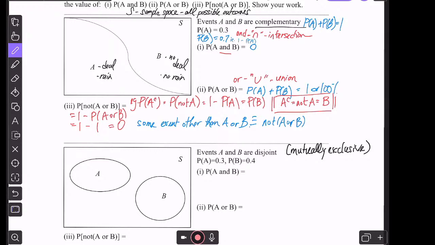It demonstrates that A could happen, B could happen, or what are we going to call this?